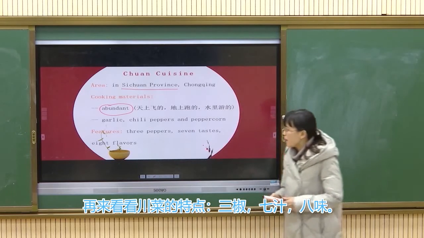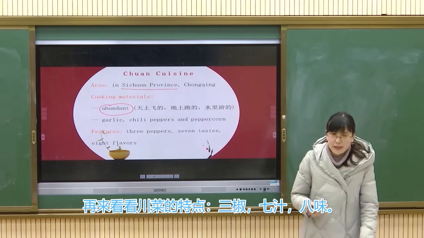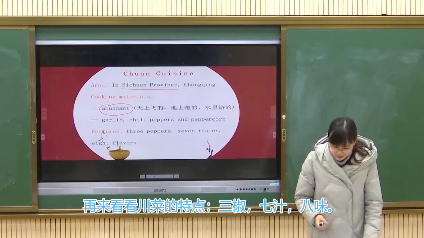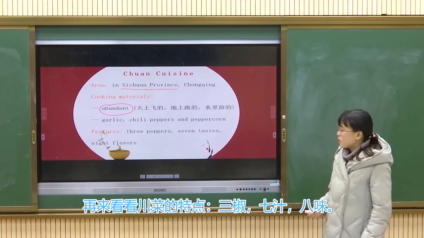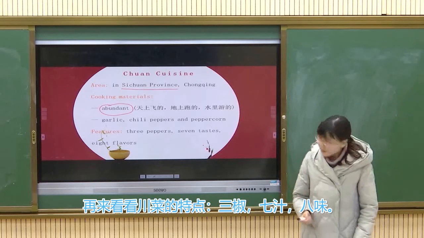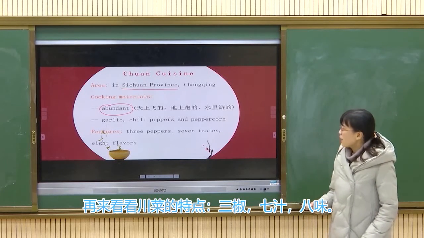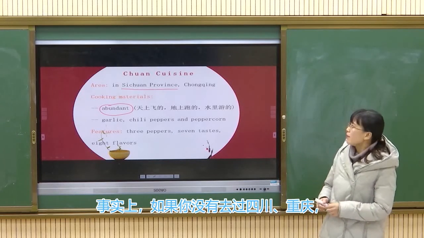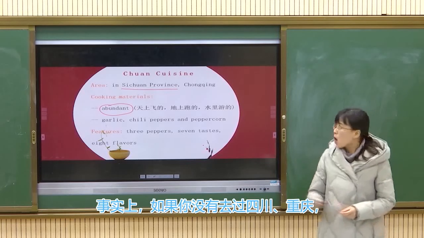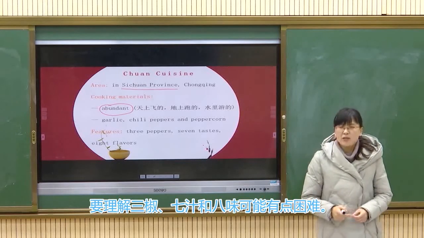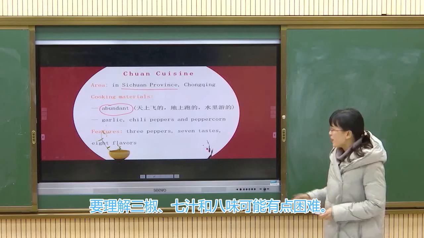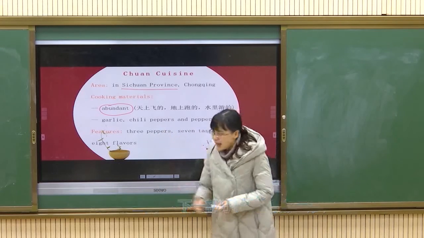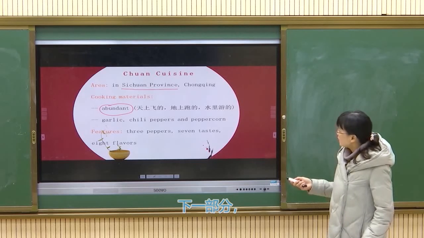How to understand them? 3 peppers, that means in Chinese 三椒, and 7 tastes, that means 七汁, and 8 flavors, that means 八味. Actually, if you haven't been to Sichuan or Chongqing, it's very hard to understand the features of 3, 7, and 8.